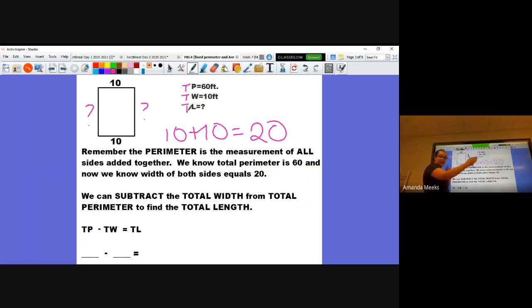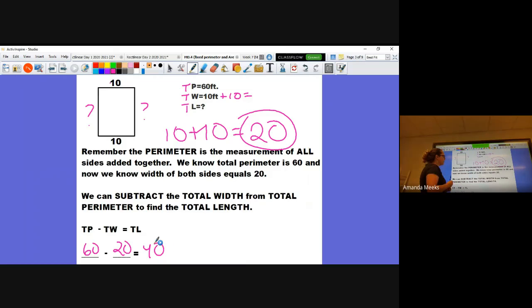We're trying to get to that point, and then we'll find just the length. So if I have TP, that's 60. TP, remember, stands for the total perimeter all the way around the shape. My total width is this right here, 20. So 60 minus 20 is going to give me 40.